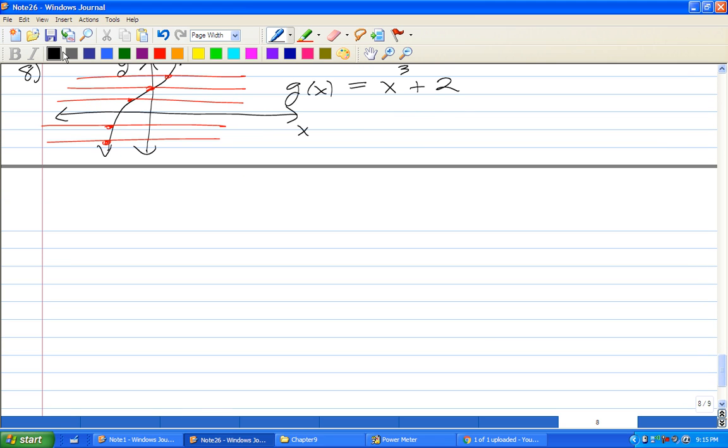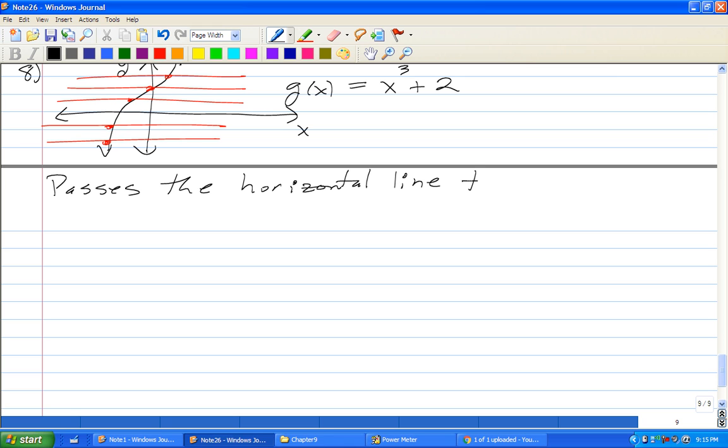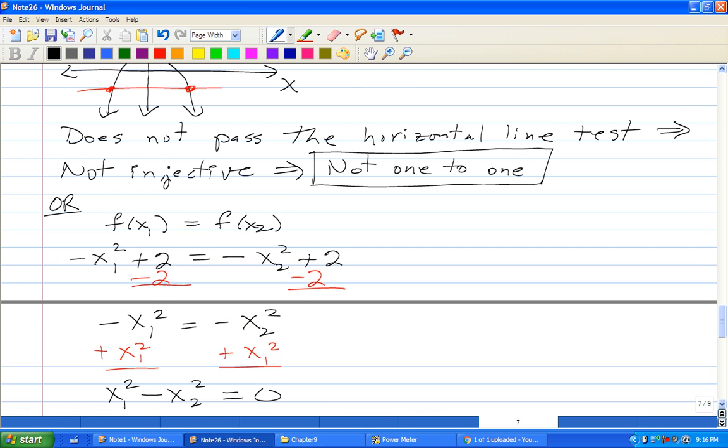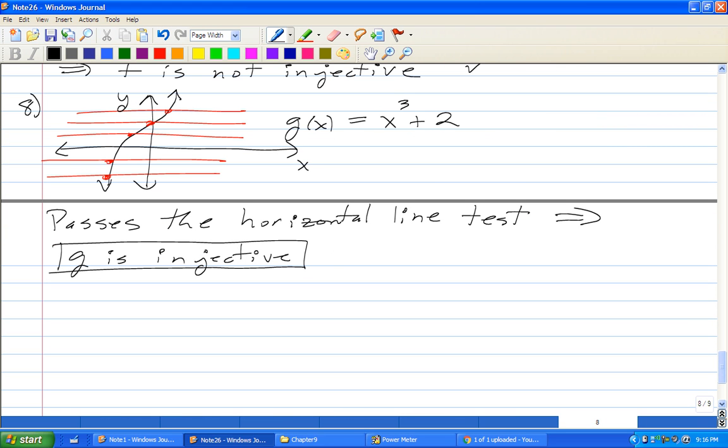So this curve passes the horizontal line test. And of course, this also passes the vertical line test, so did the above graph. Since this curve passes the horizontal line test, I have that g is injective, and so I have here that g is one-to-one.